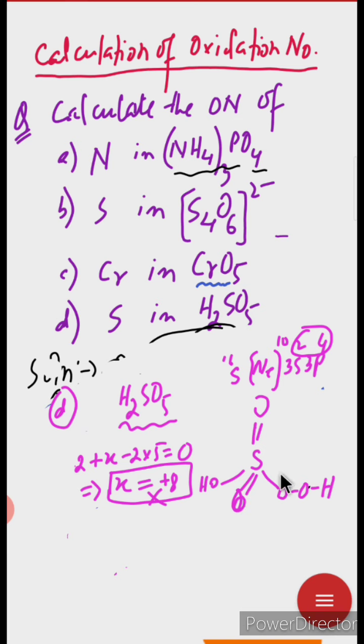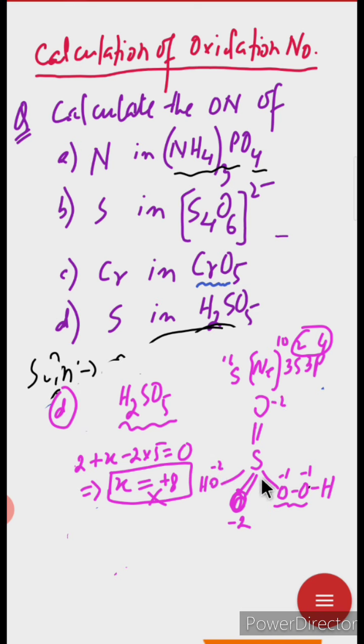This is oxygen, and out of the 5 oxygen atoms, 2 oxygen atoms will carry a -1 charge because they form a peroxide bond. In peroxide, oxygen has an oxidation state of -1. This is an oxide bond, this will carry a -2, this is -2, this is also -2.